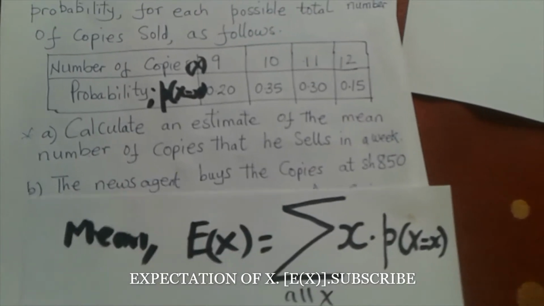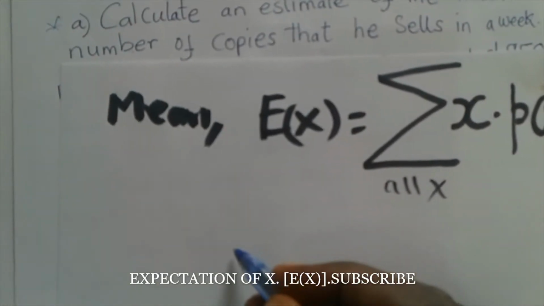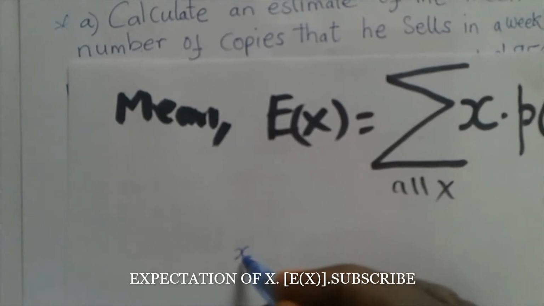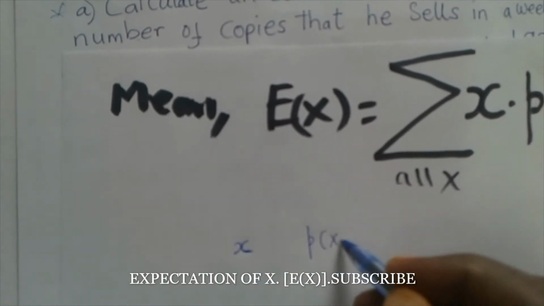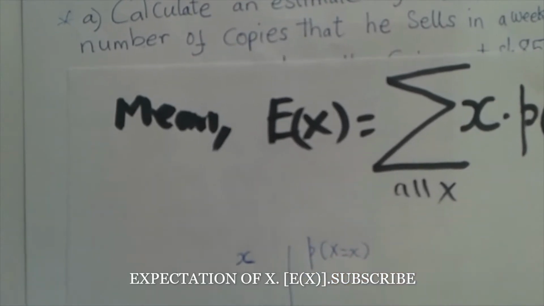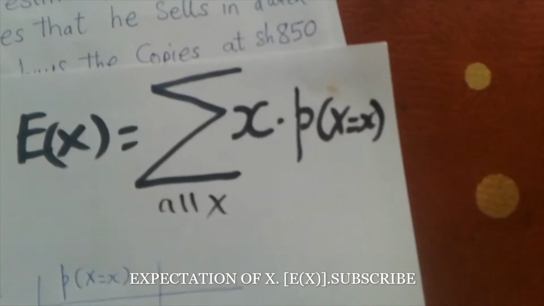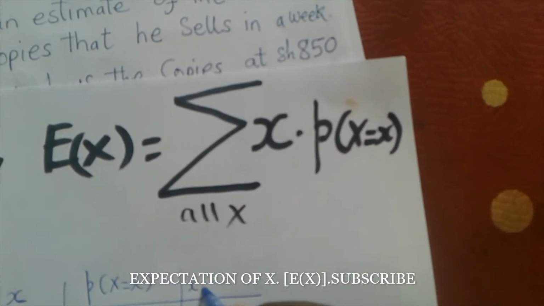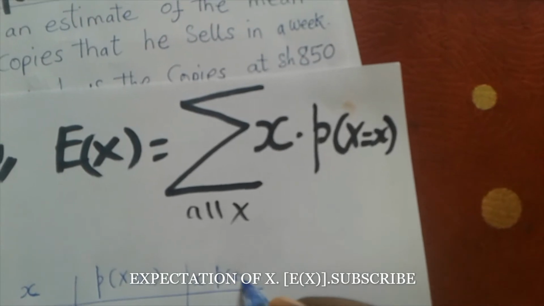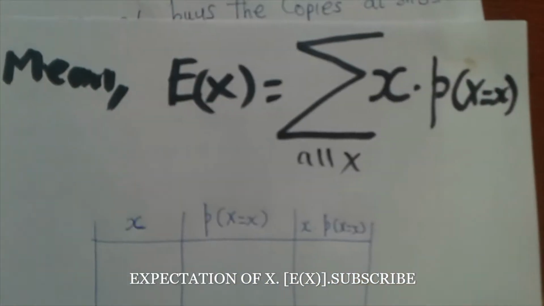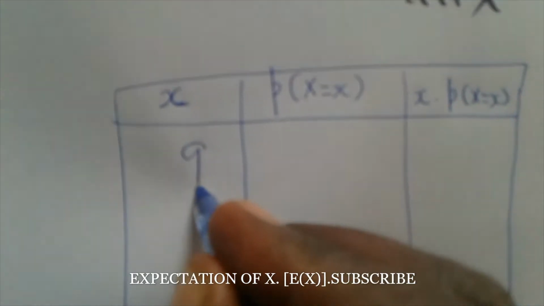And you will see that we shall have x, small x, then probability. And according to the formula, we need to have a column for x multiplied by our probabilities. And therefore, we shall have x running from 9, 10, 11, 12.